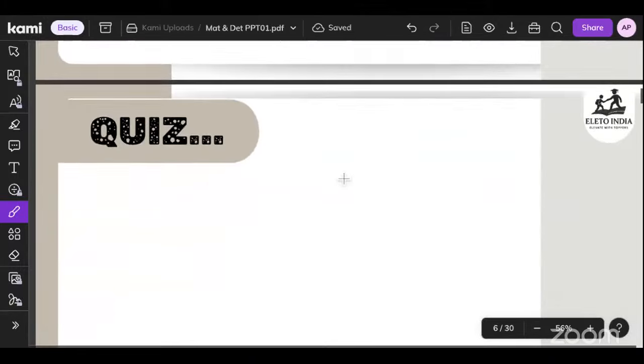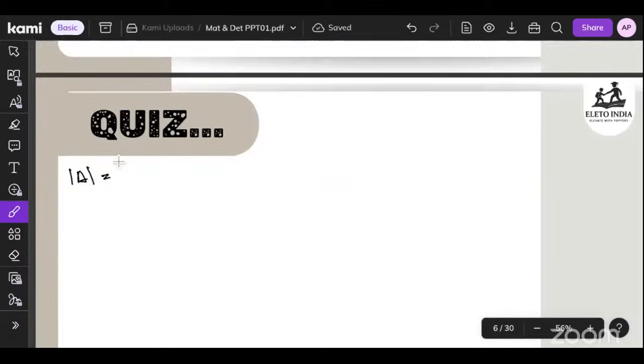Let us rewrite this determinant once again. They have given that determinant A is, in the matrix they have given 1, 3, x, 4, -5, 6, and then y, 5, 2.